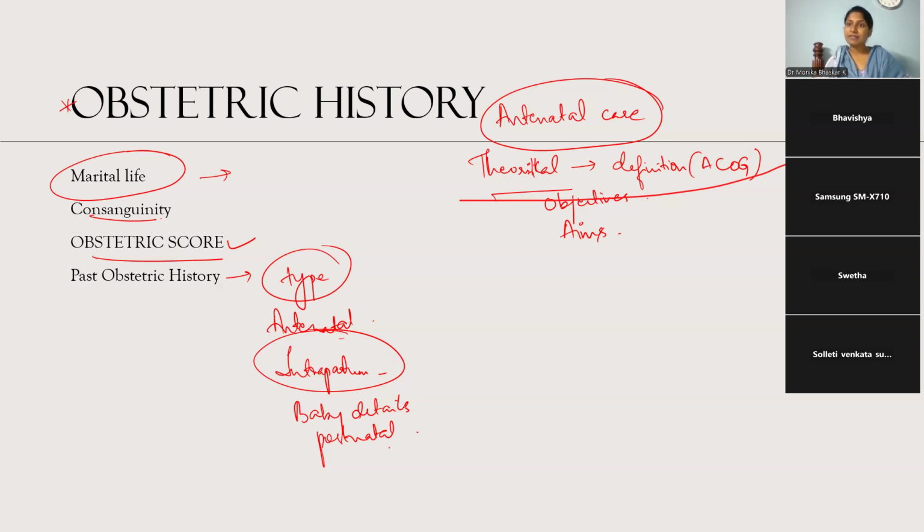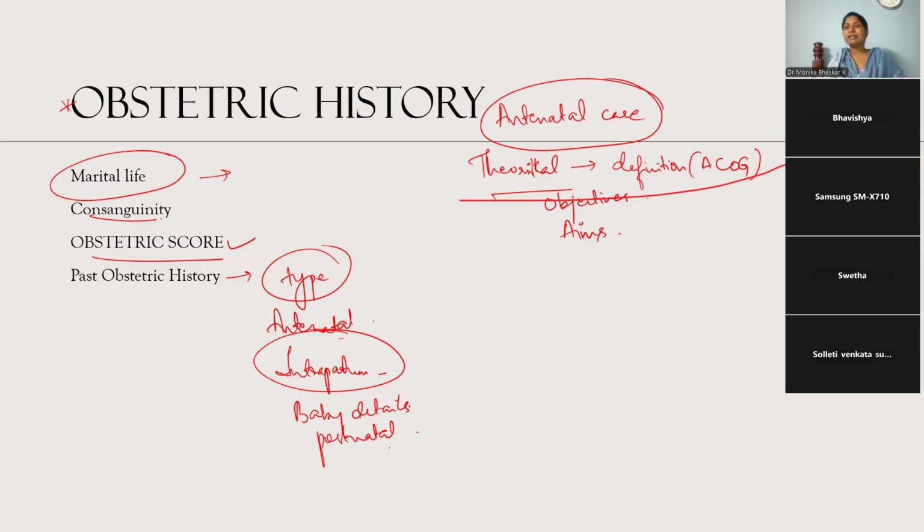Because if it is a previous cesarean and it was a preterm cesarean section, obviously in this pregnancy the chance of uterine rupture is slightly high, because in previous sections done for preterm cases, sometimes the scar would not have healed well. So this time the chance of scar dehiscence or uterine rupture is slightly high.